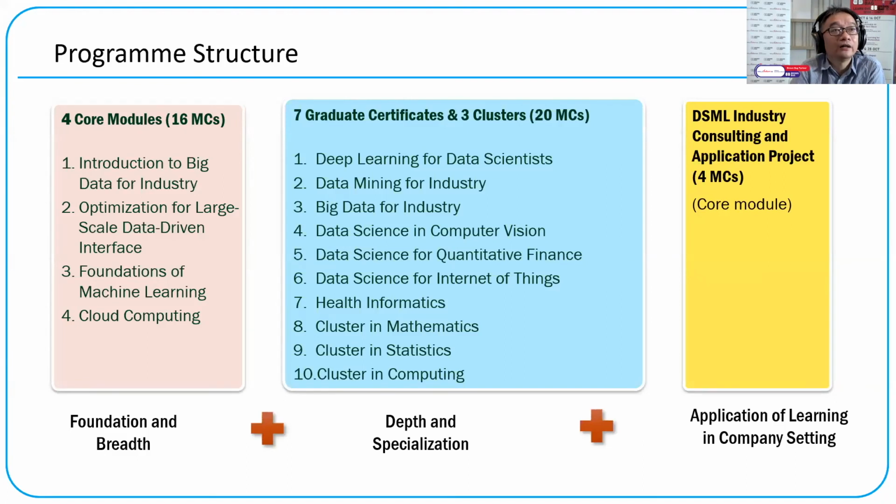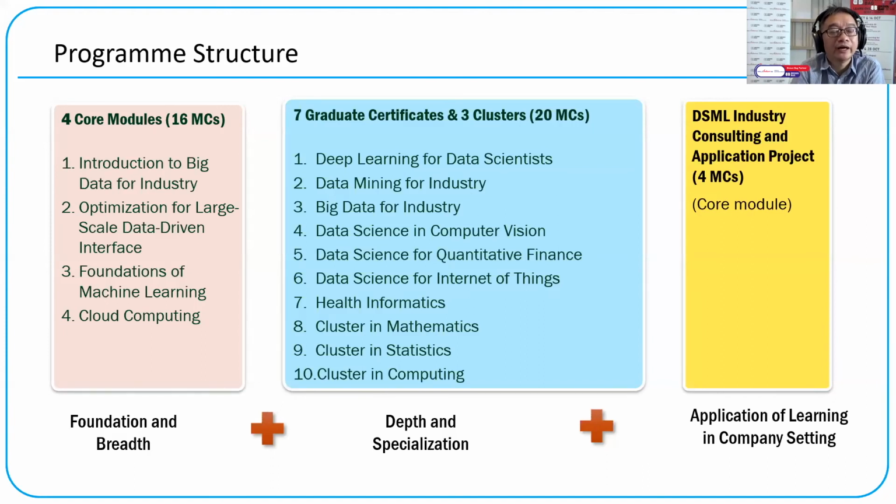This is the program structure. We have 4 core modules, 7 graduate certificates and 3 clusters. The 4 modules focus on the foundations, including deep learning, machine learning, and big data topics like optimization and cloud computing.